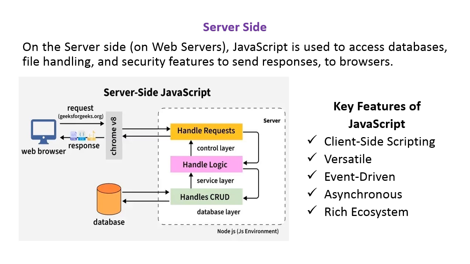Asynchronous: it can handle tasks like fetching data from the server without freezing the user interface. Rich ecosystem: there are numerous libraries and frameworks built on JavaScript such as React, Angular, and Vue.js, which make development faster and more efficient.